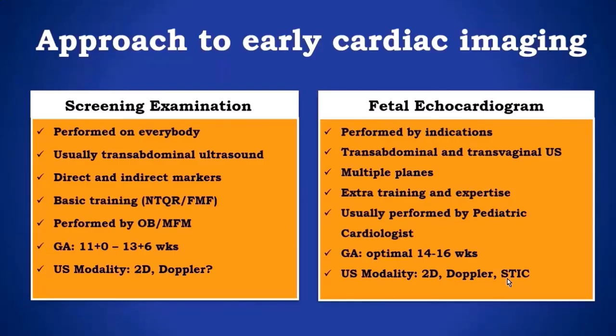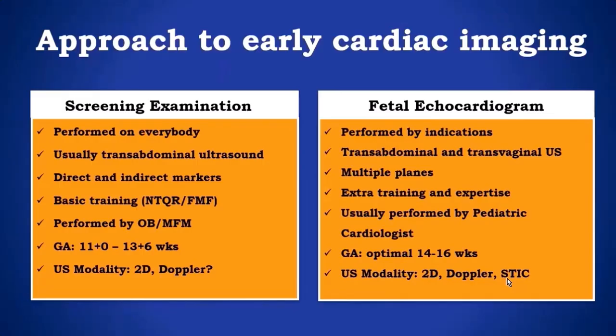Then we can utilize the transabdominal and transvaginal ultrasound. We will utilize multiple planes. We will look at the gestational age between 14 and 16 weeks gestation. Most of the time, this type of exam for interpretation requires extra training and expertise, and ideally the pediatric cardiologist should be involved.